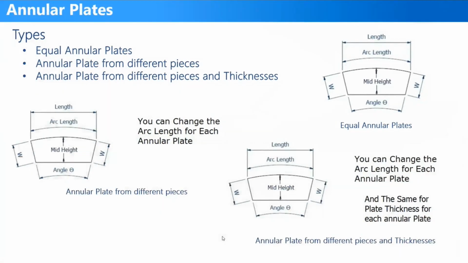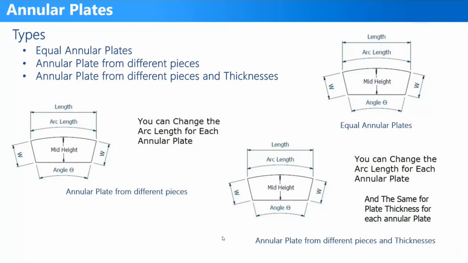For example, for the annular plate, you will find 3 different types. The first type is for equal annular plates, if you have a certain number of annular plates and they are identical, so you can use this type.